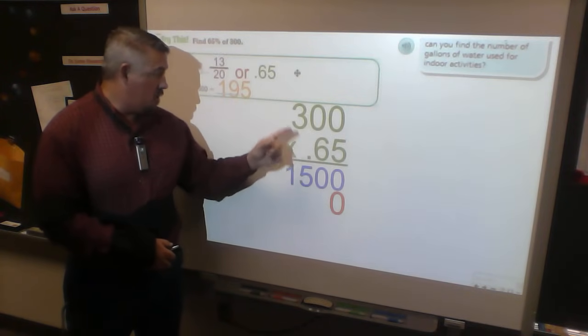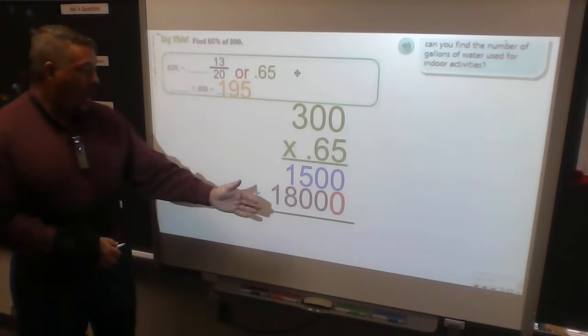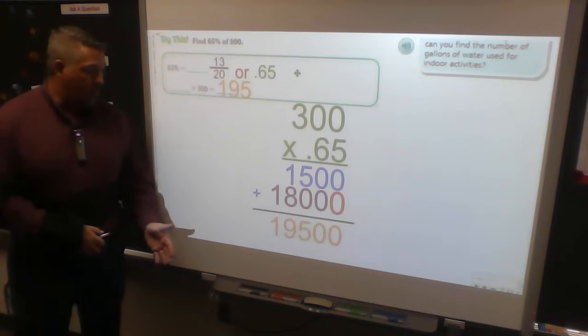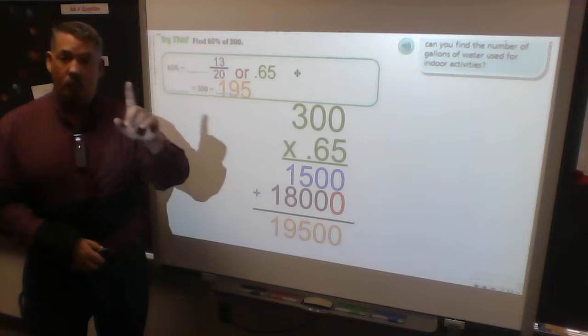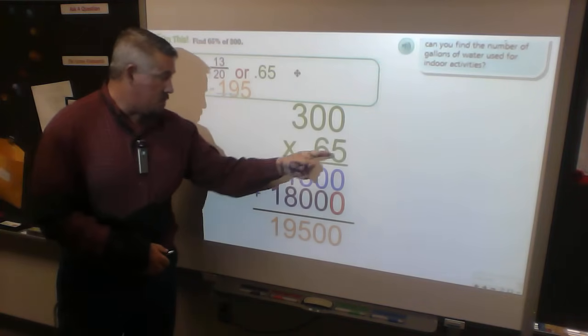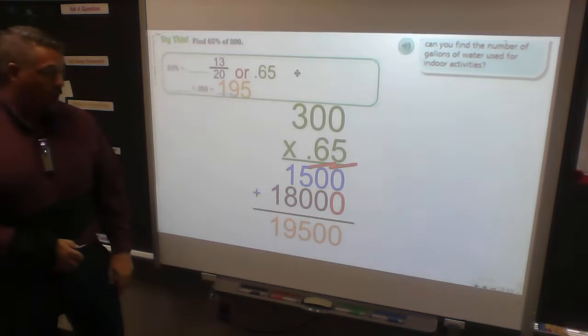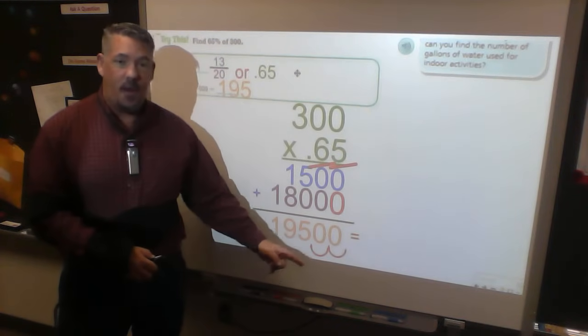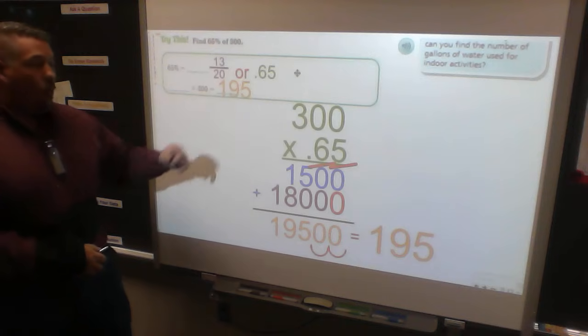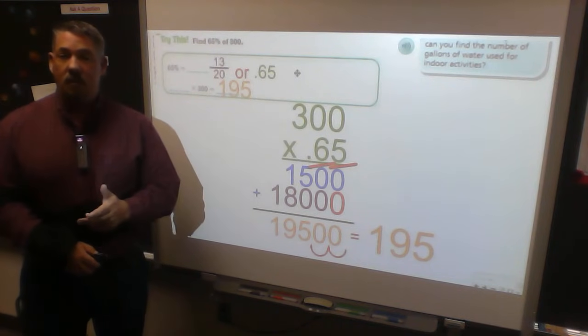I have 0, 0, and 18. When I add those together, I get a big number, much bigger than that, 19500. But we have to remember, 2 decimal spaces tell me to move my decimal point 2 times from right to left. That still is going to put it behind the 5, still is going to give me 195 as my answer.